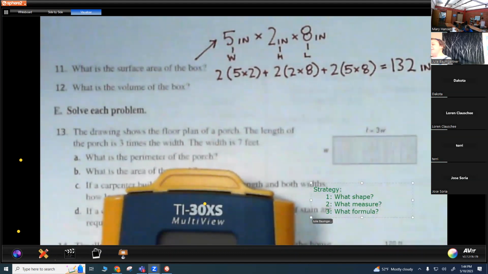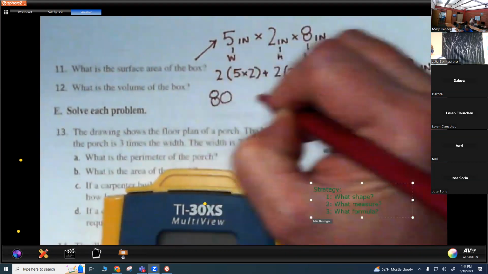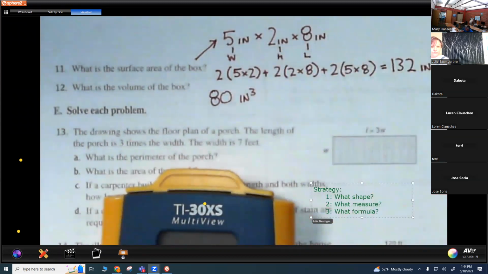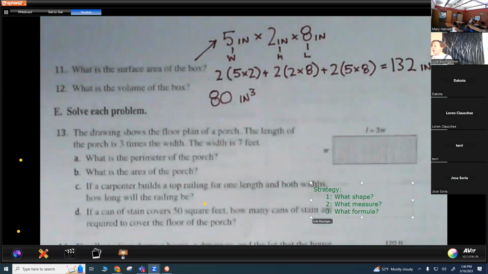Okay. And then of course the volume of the box, 80 cubic inches. 5 times 2 times 8. Okay. How's everyone feeling about our 4 major geometric measures and how to apply formulas to calculate those measures?